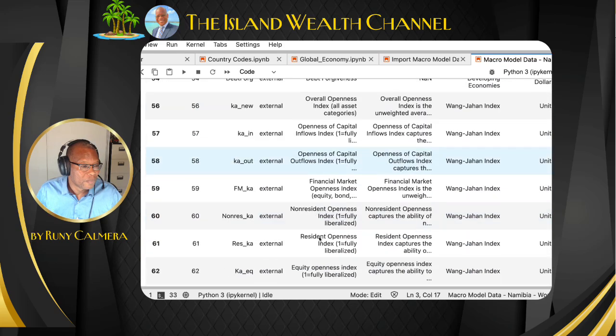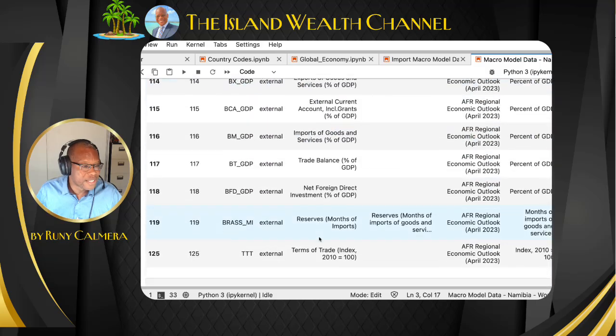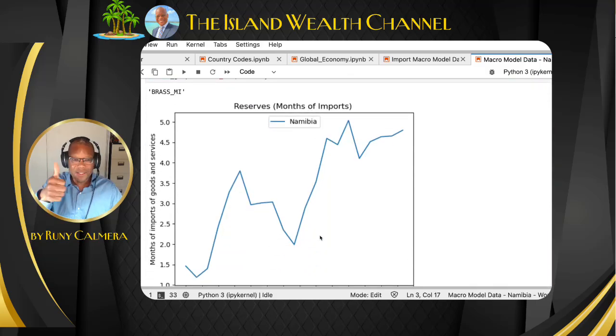So look at all these indicators, external sector. And you have the financial sector. The financial sector tells you how their government is doing, the revenues and the expenditures. If you look at the financial sector of the United States, you will see that the interest payments are about $1 trillion.